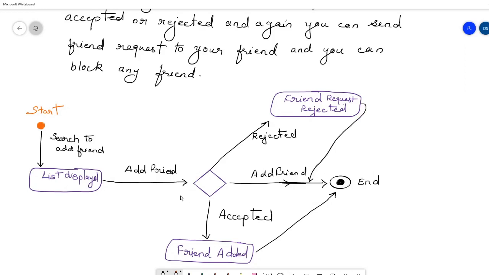Now in your friend list you have added a few friends. Among those you want to block someone.